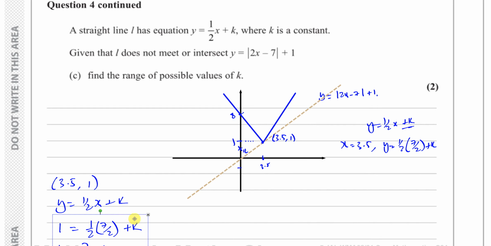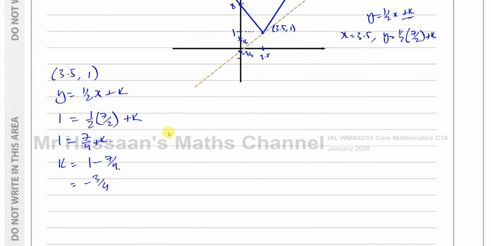So the value of k such that they touch is when k, which is the y-intercept, equals minus 3/4.